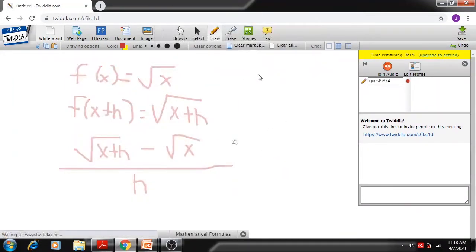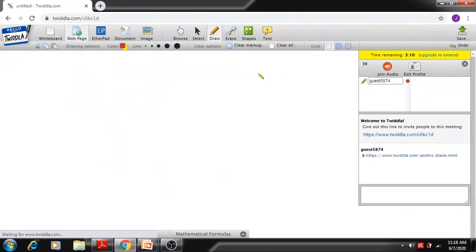So I'll oversimplify it since I'll assume that you know how to do conjugates.